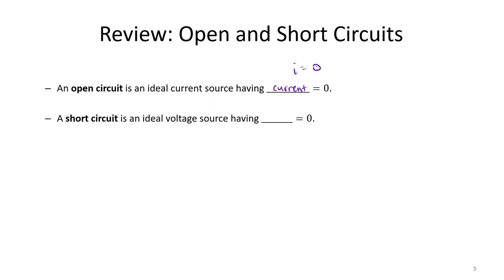Meanwhile, a short circuit is basically an ideal voltage source, or equivalent to a plain wire. So if it's a plain resistanceless wire, it's going to have zero voltage across it. Make sure you remember these. We will see that open and short circuits come back in future lectures.